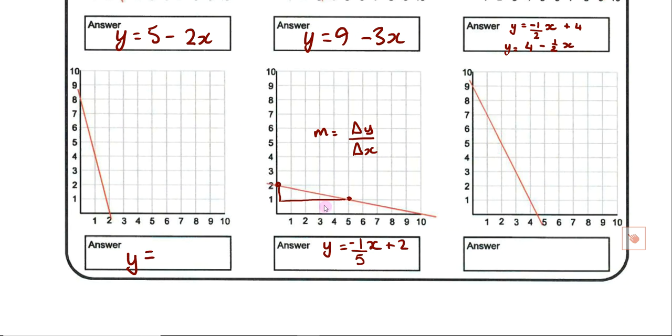Almost, but not quite. What did you miss? The negative. So negative 4x plus 8, or that could be 8 minus 4x. It's fine. Okay.